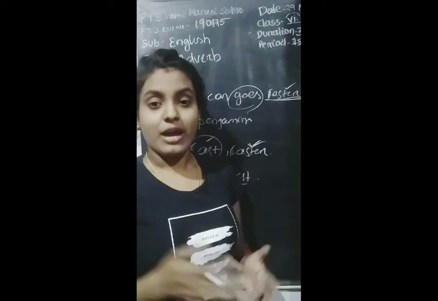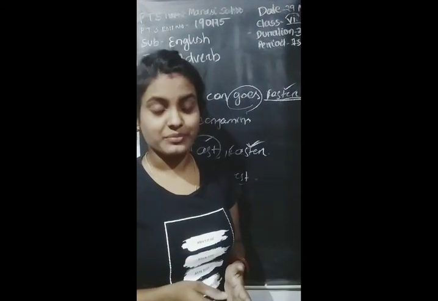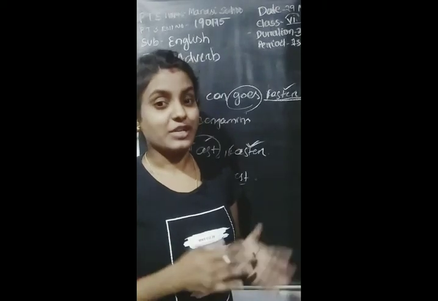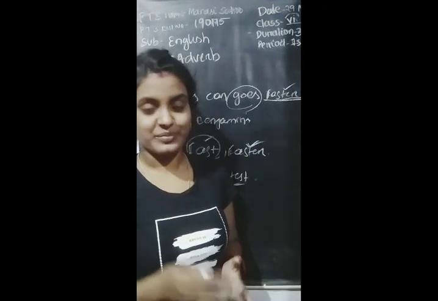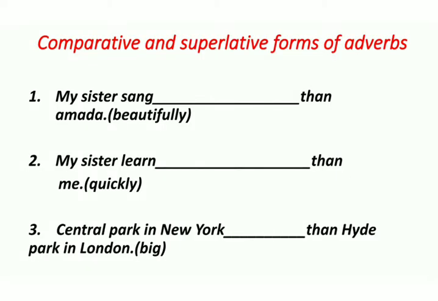Okay, so my dear students, now I hope you all understand this very well. So if you have any doubt, you can ask me. Okay, so have you any doubt? Okay, so shall we do some activity? So these questions are in comparative and superlative forms of adverbs. Now look at the questions and fill them carefully.